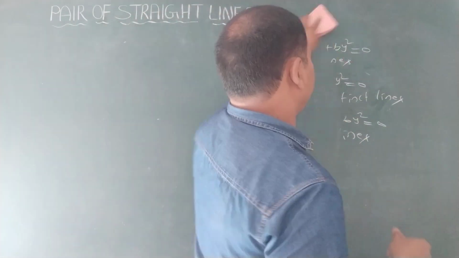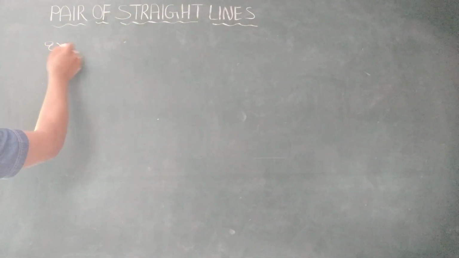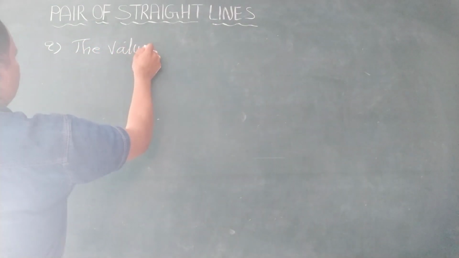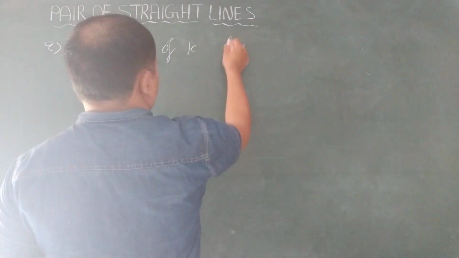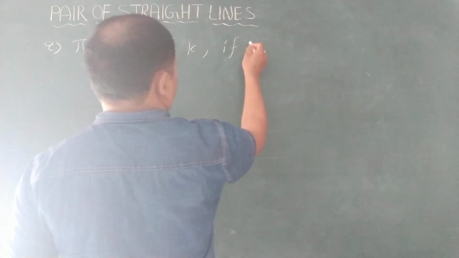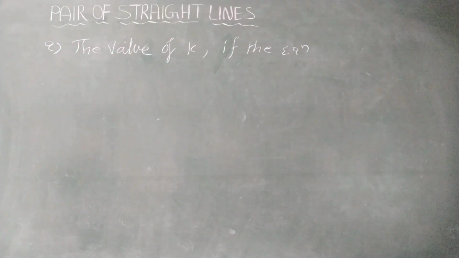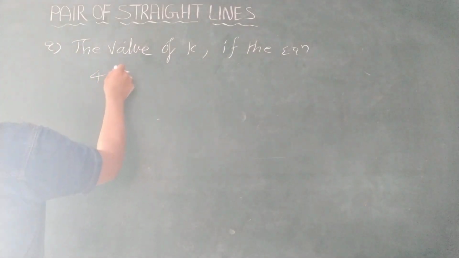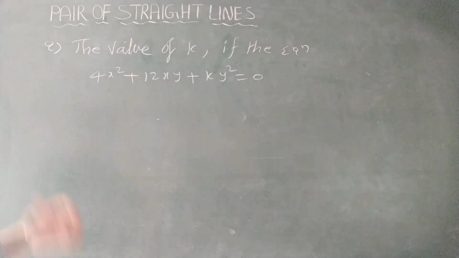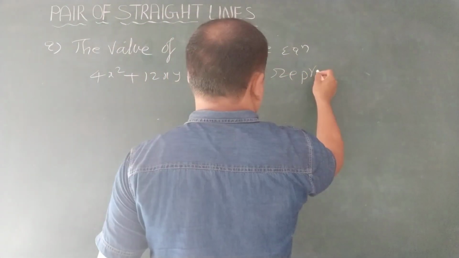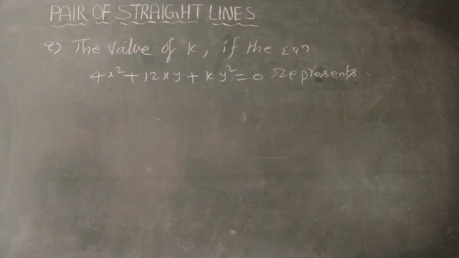Now the first question: the value of k if the equation 4x square plus 12xy plus ky square is equal to 0 represents coincident lines.